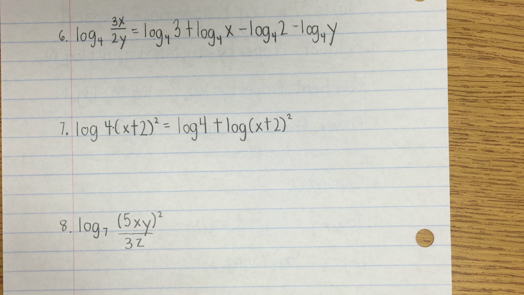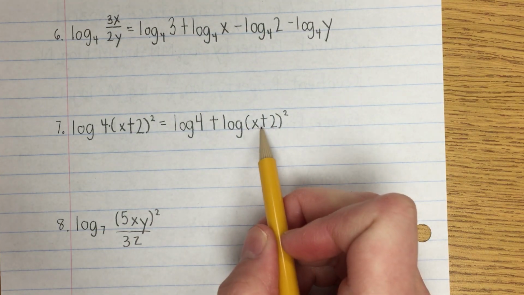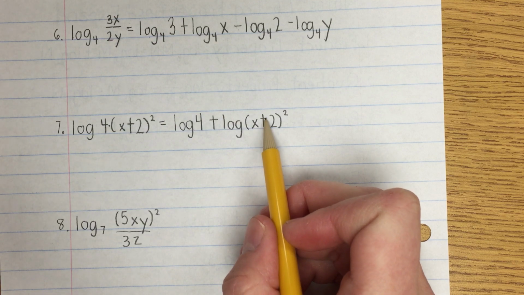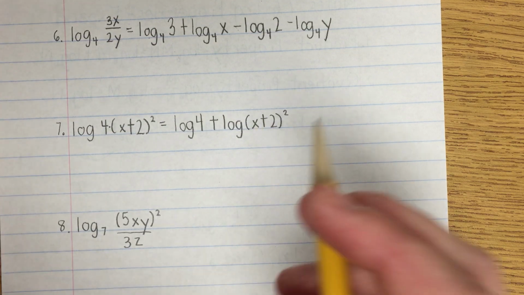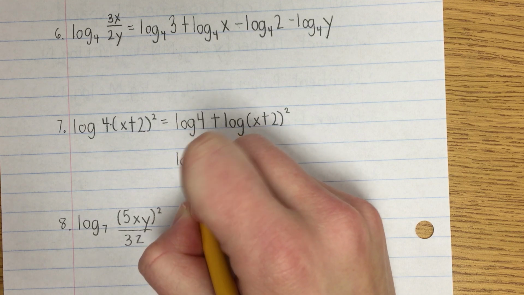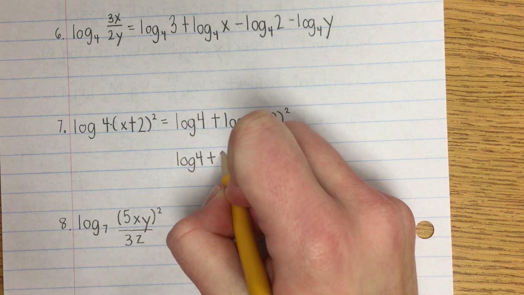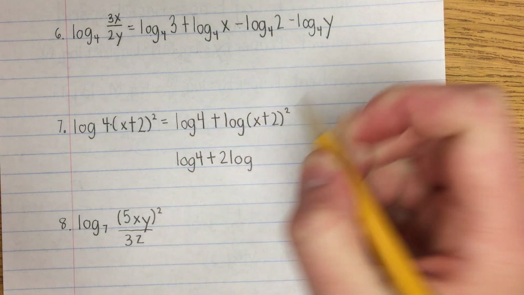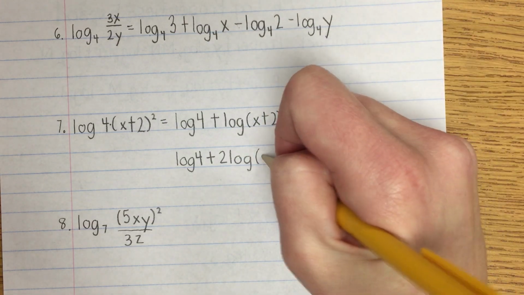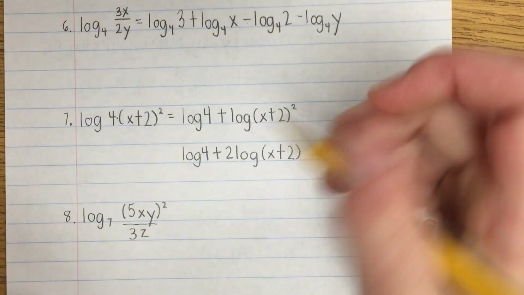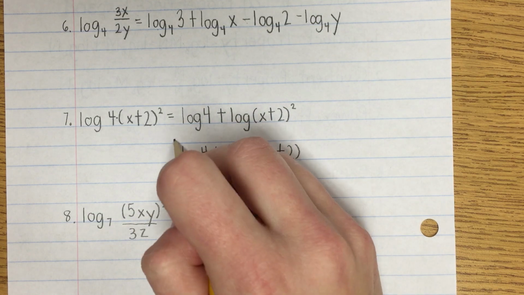And my last step here, I can't do anything further with this because that's being added and not multiplied, so I can't tear that apart anymore, but I can take down my power of 2. So that becomes 2 log base 10 of x plus 2. That's my final step on that one.